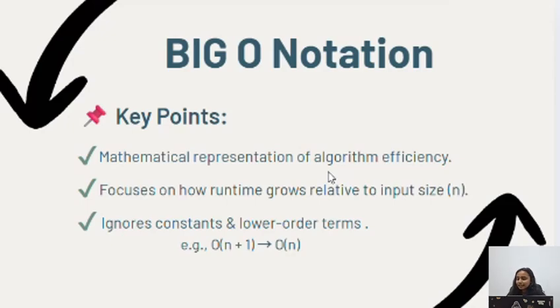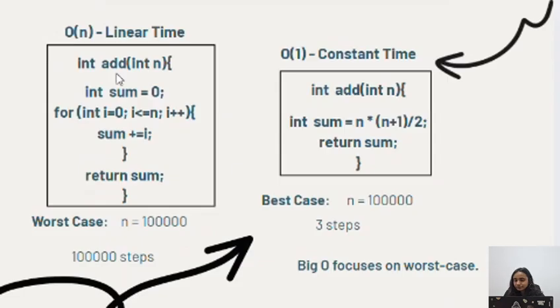The other thing is that we ignore constants and lower order terms because in the grand scheme of things these minor ones don't really matter. So imagine I'm doing a task that takes n plus 1 amount of time. We just take it as n because the plus 1 doesn't really matter.